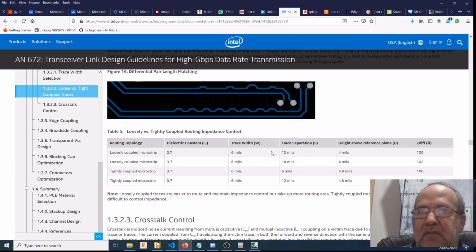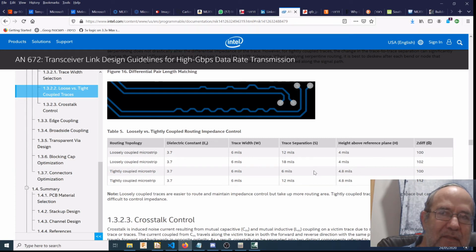Once again, this table is showing the dielectric constant, the trace width, and how they've changed the height.